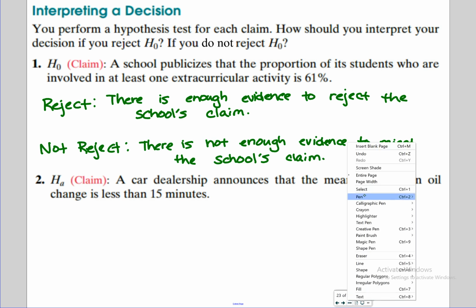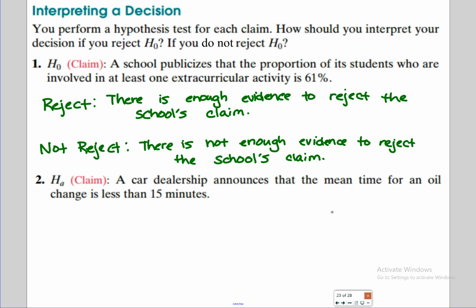The second one is an example of what you would do if your alternative hypothesis is the claim. So in this problem, it says a car dealership announces that the mean time for an oil change is less than 15 minutes. Let's say we reject, and remember we are rejecting the null. So you're rejecting the opposite of this when you make a decision in this case. We're rejecting the opposite, which would be, instead of less than, greater than or equal to.